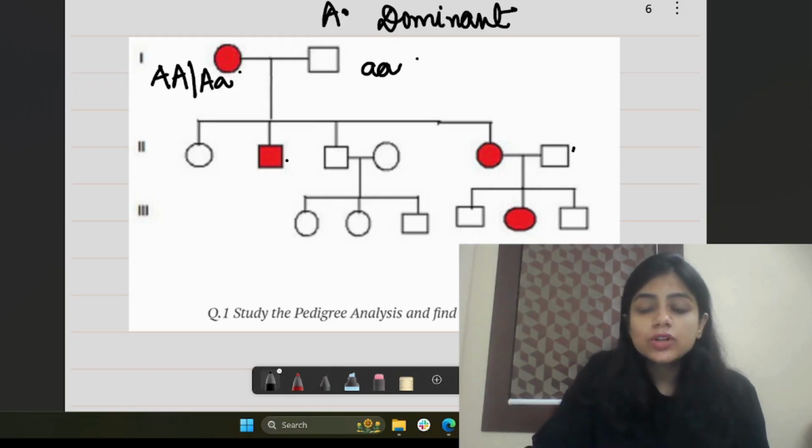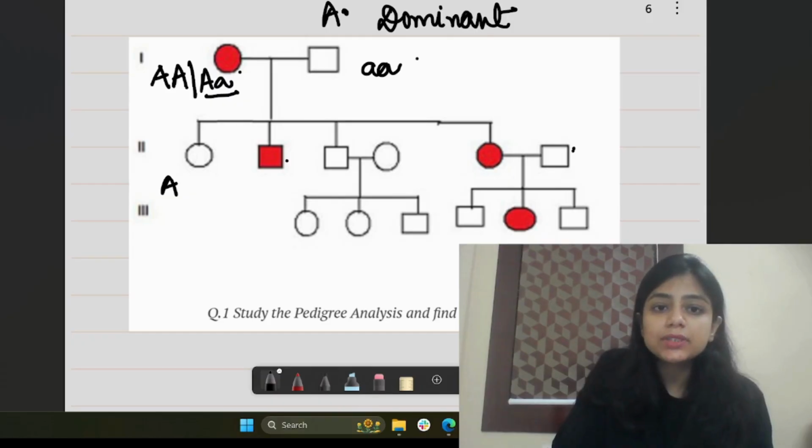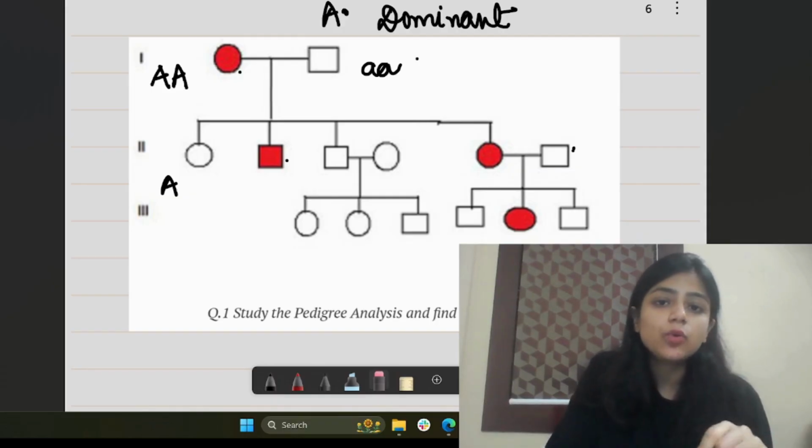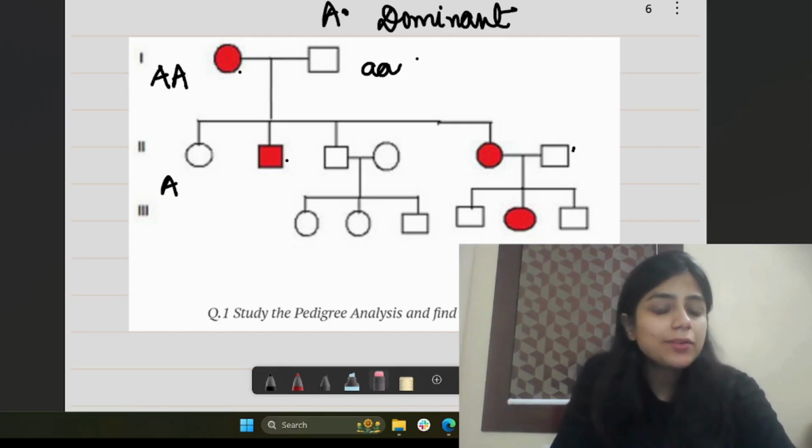So what can the result be? We have to go with capital A small a. Why? Because if I take capital A, if one capital A goes to any of the progeny, it is affected. But here in the second generation, you can see two are affected and the remaining are unaffected.